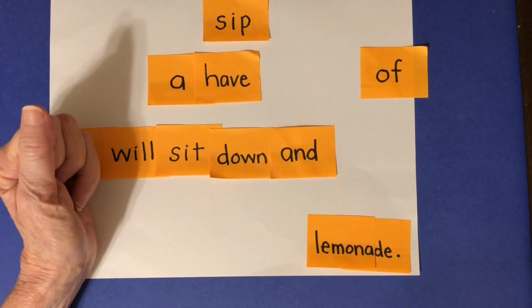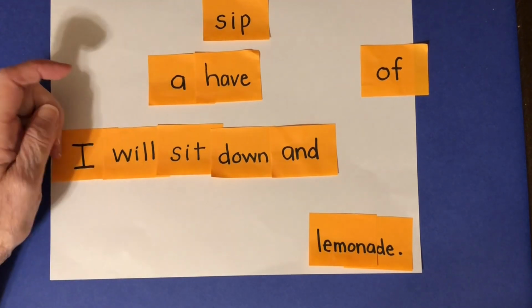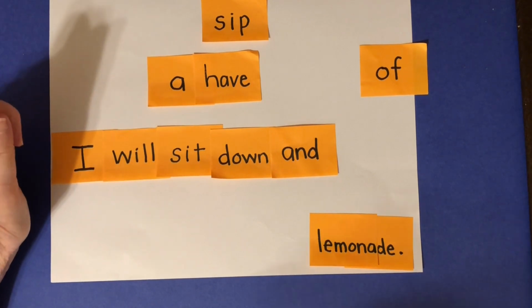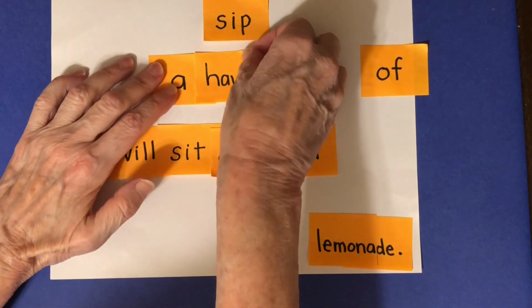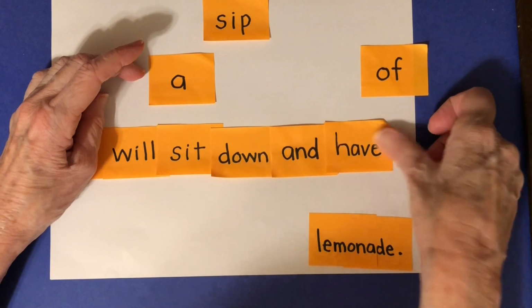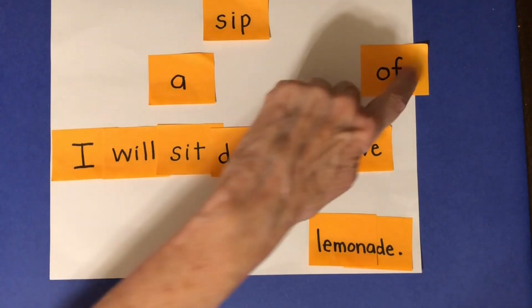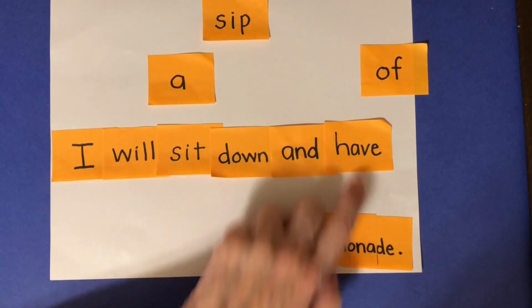I will sit down and of. What do you think? Oh, I forgot that one. I will sit down and... That doesn't make sense to me. Do you think it's have? Good. I will sit down and have. Sip of. I will sit down and have.